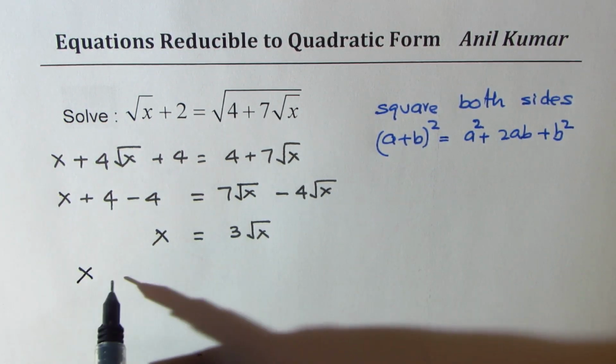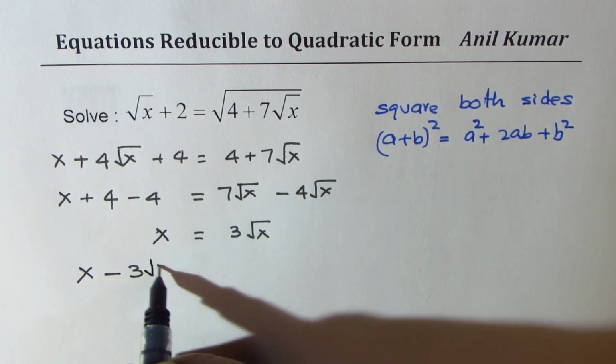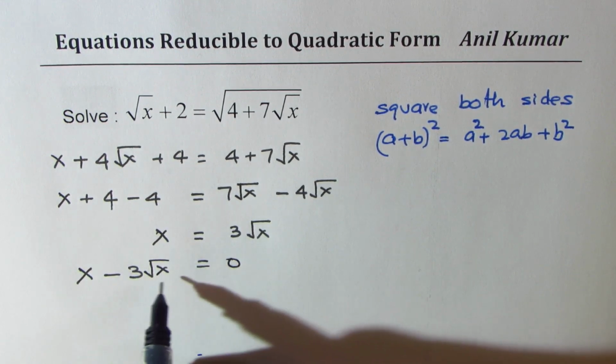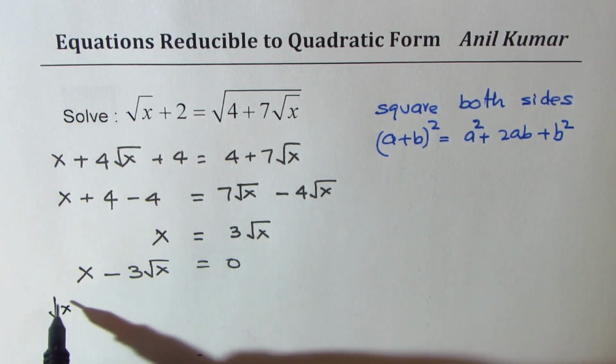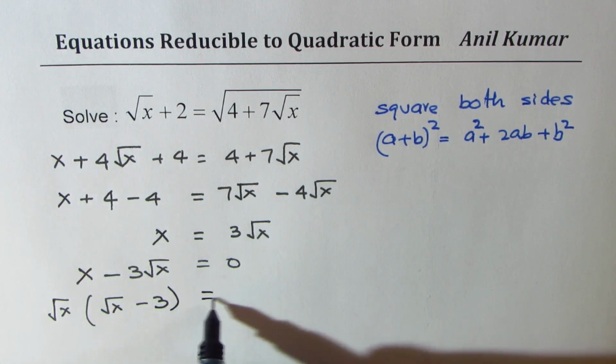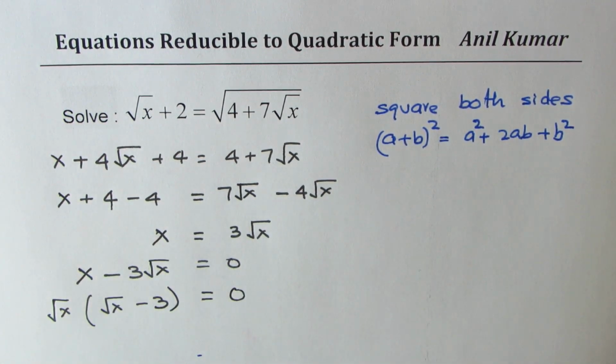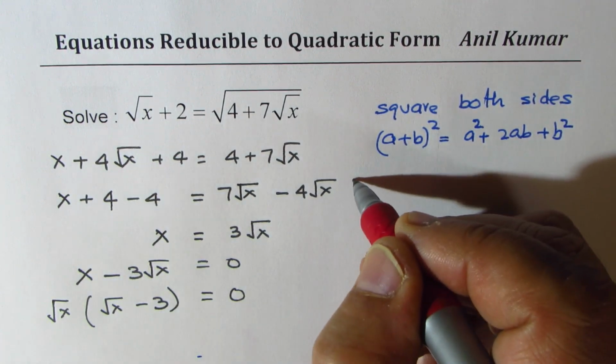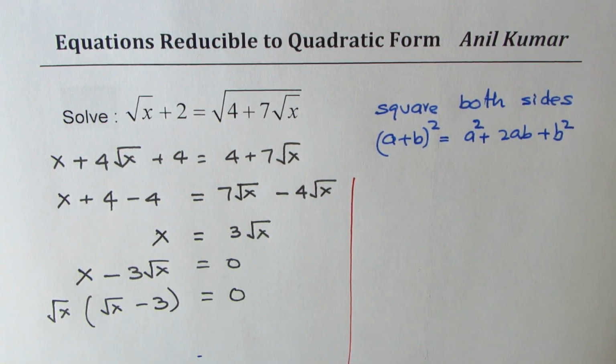So we get x minus 3 square root x equals 0. Now we can take square root x common. So we get square root x times (square root x minus 3) equals 0. I hope you understand that step, right? It's very critical. If you cancel square root x, then you lose one of the answers.